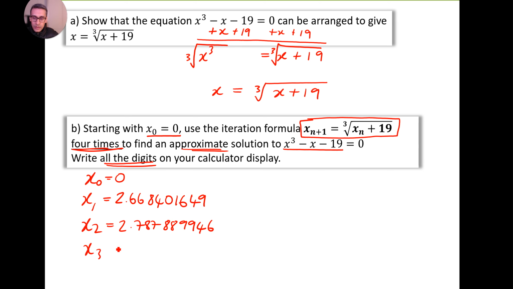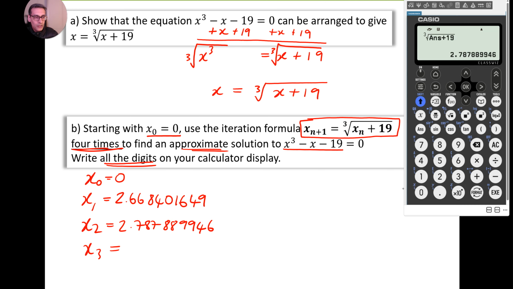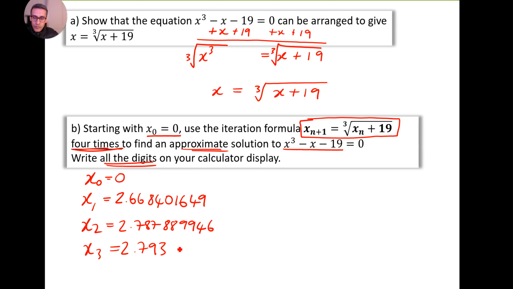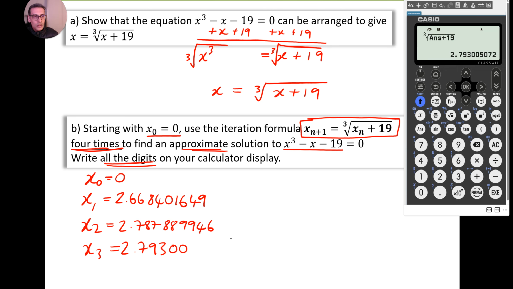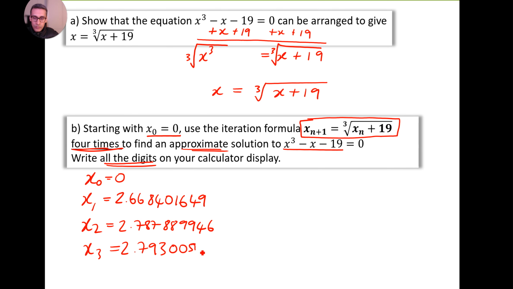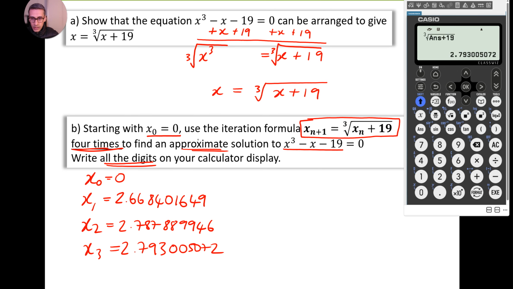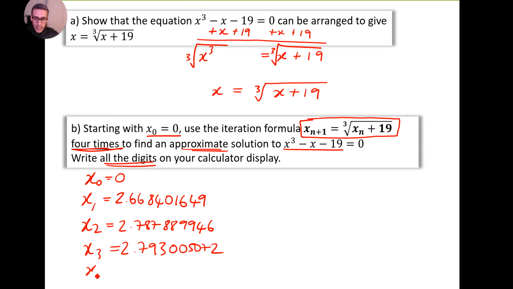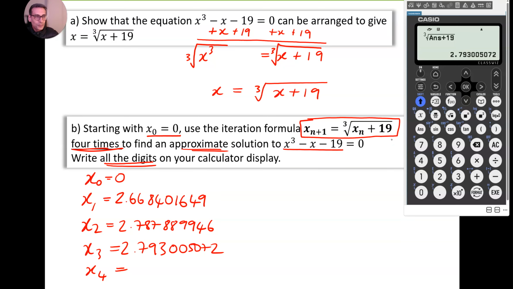And then the next one, we're just going to press equals again: 2.793005072. And we've got one more to do, so x4 is equal to 2.793223625.